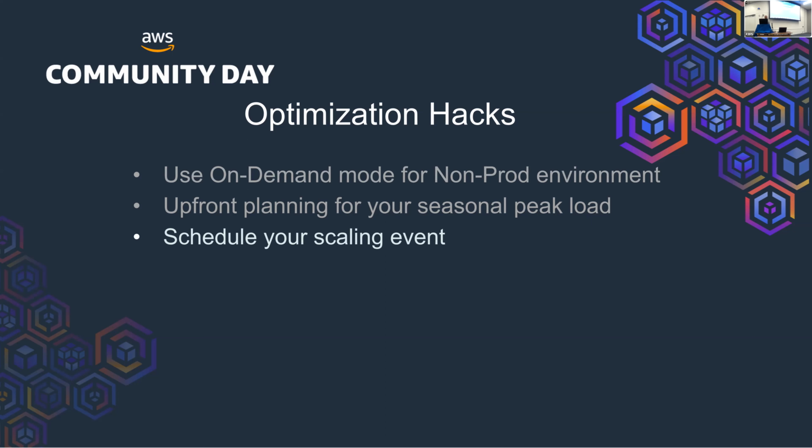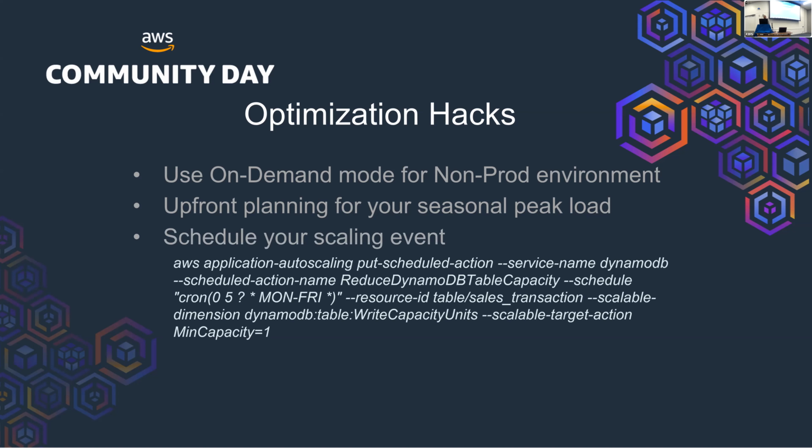We also had a scaling event set. For our performance test environment, we basically had a schedule. Here I'm using the AWS command, but you can do the same using Terraform or CloudFormation.